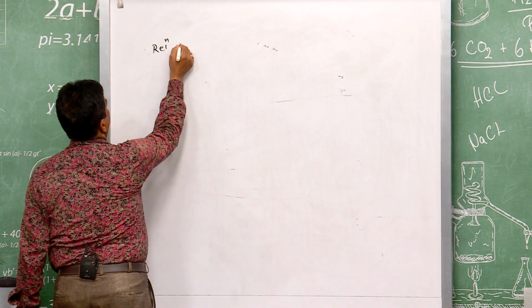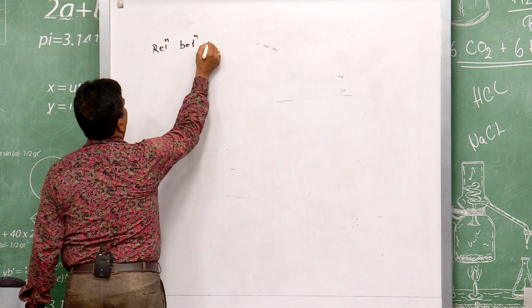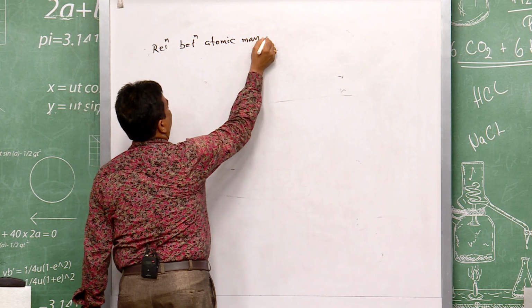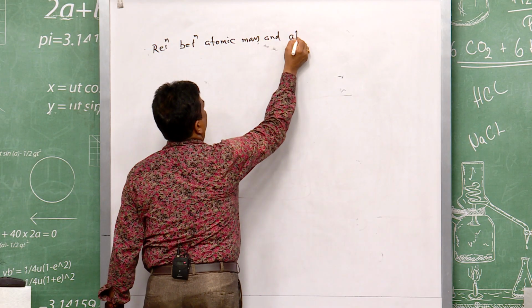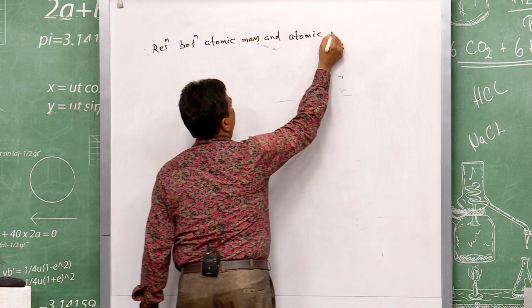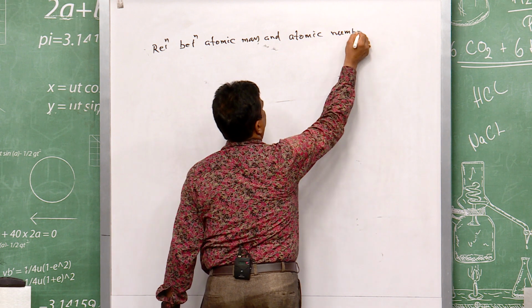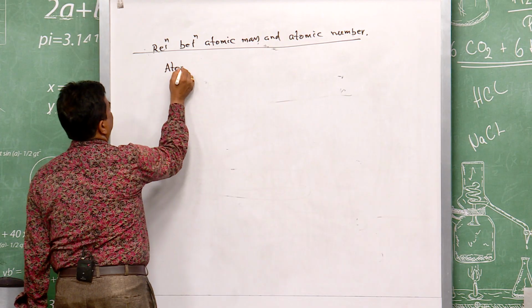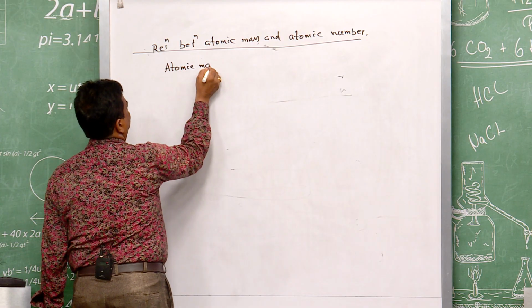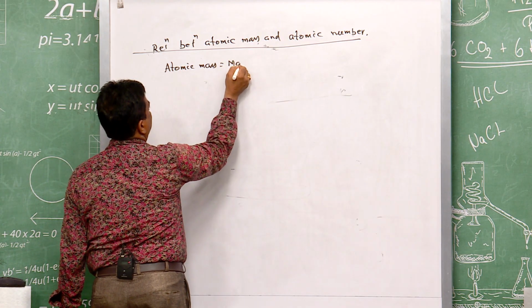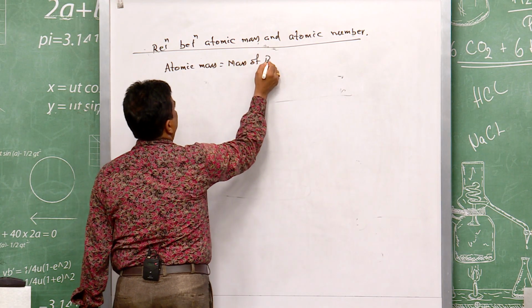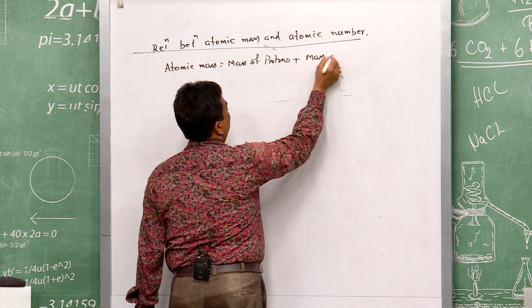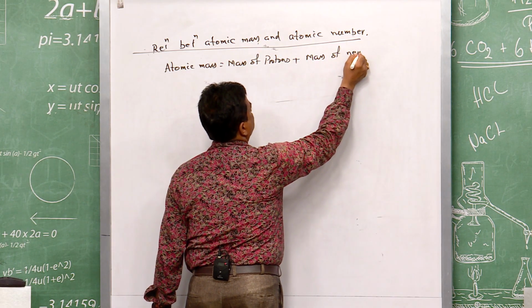Relation between atomic mass and atomic number. So what is the atomic mass? It is the mass of protons plus the mass of neutrons.